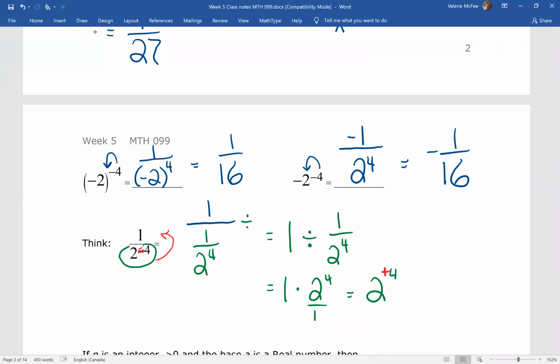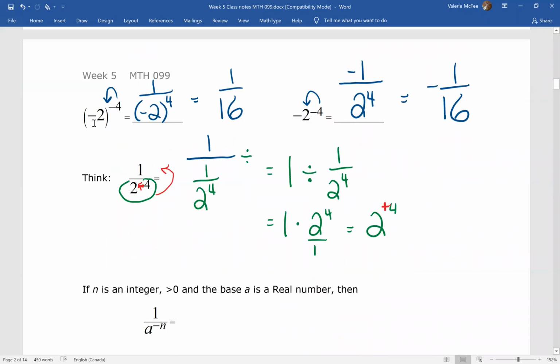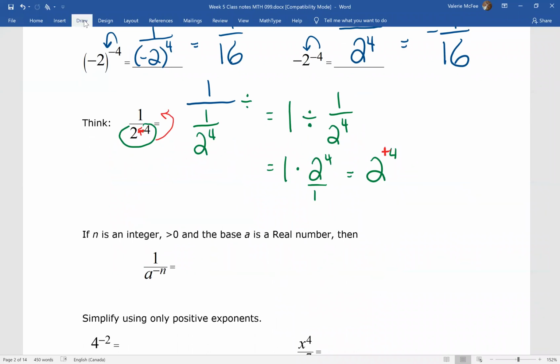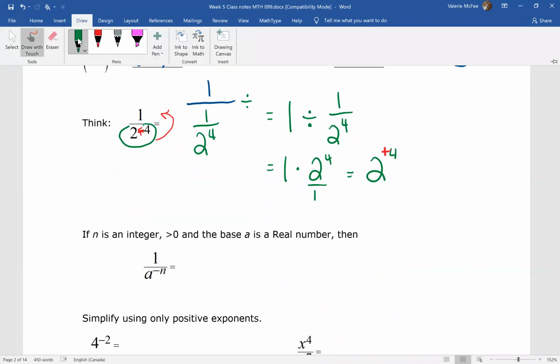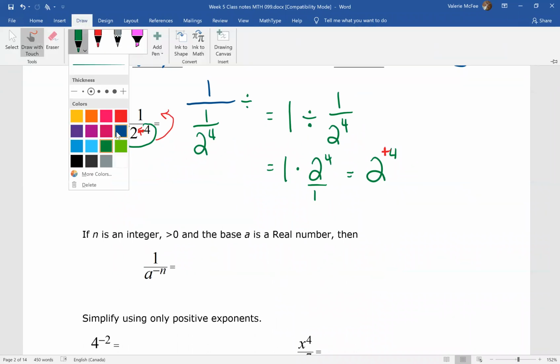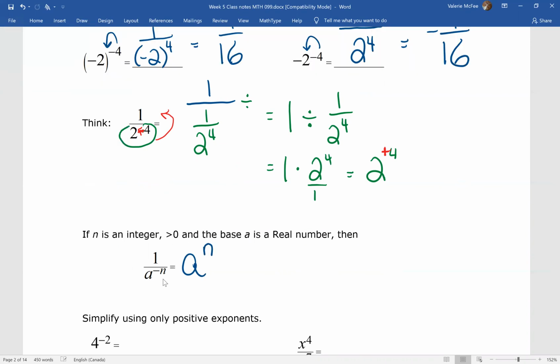Again, that negative exponent is just saying flip it over, make the exponent positive. And so we say, if n is an integer greater than 0 and a, the base, is a real number, if we have 1 over a to the power of -n, we can write this as a to the power of +n.